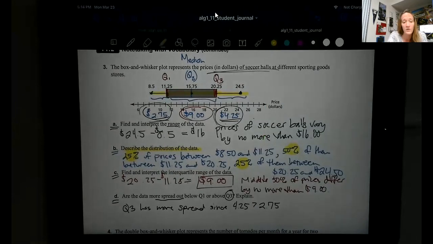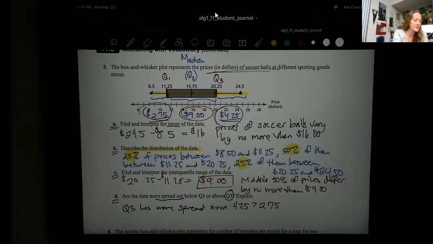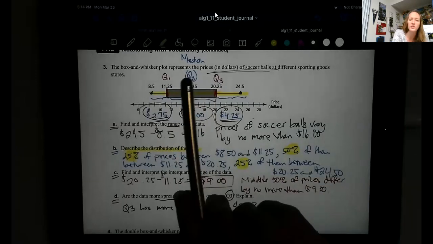About how much data was between 8.50 and 11.25, how much of the soccer ball prices were between $11.25 and $20.25, and then that last 25% was on the upper end. So that was how we were describing it yesterday, but we weren't describing the shape at all.